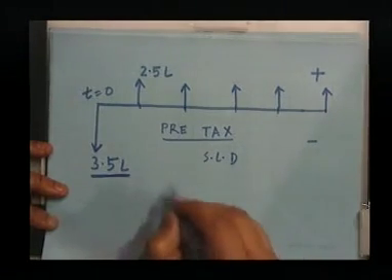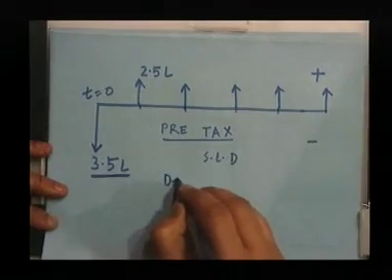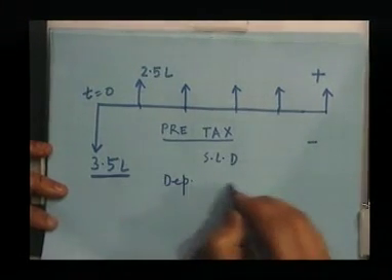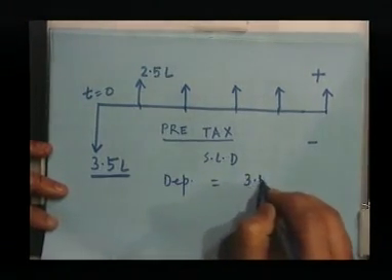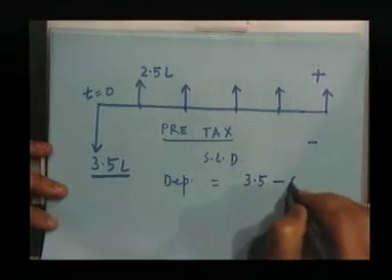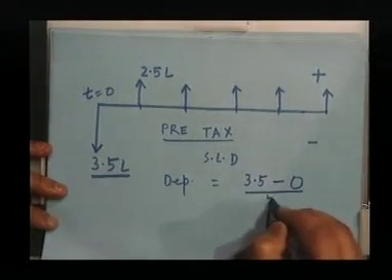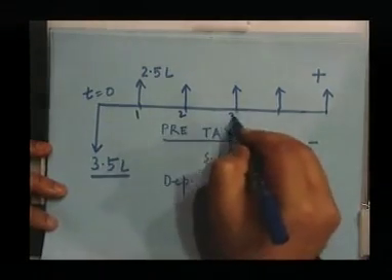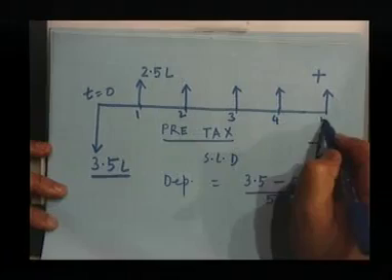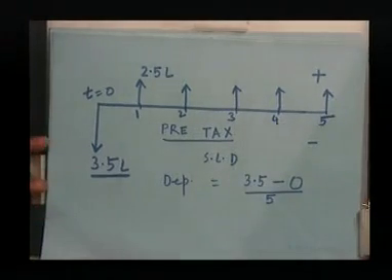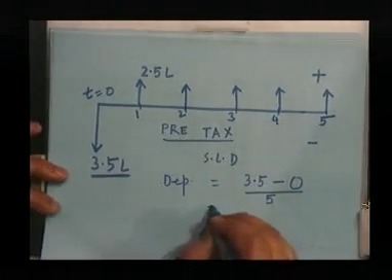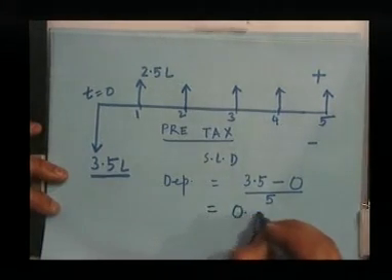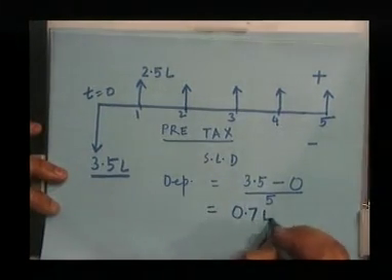Every year how much depreciation is there going to be? Depreciation would be 3.5 minus 0 divided by 5. Why 5? Because the equipment is lasting for 5 years. Accounting period is given to be 5 years. So, every year my depreciation is going to be 0.7 lakhs.